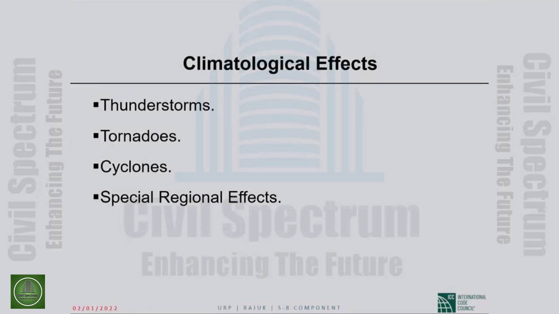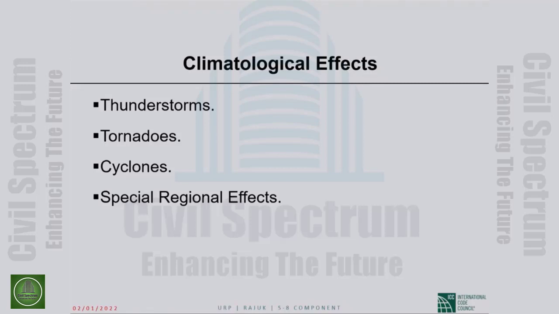The climatological effects that we as engineers have to deal with in designing our structures properly are thunderstorms, tornadoes, cyclones, which in this part of the world are called hurricanes, and special regional effects. Like in mountainous areas, wind is modified by the topography, and that is something we have to deal with.